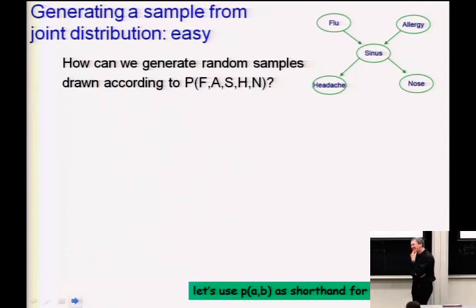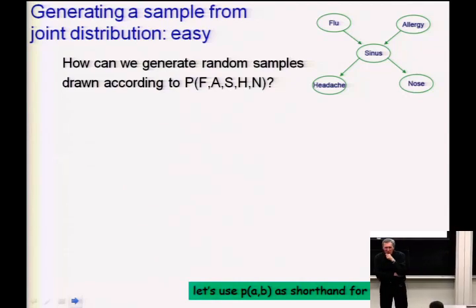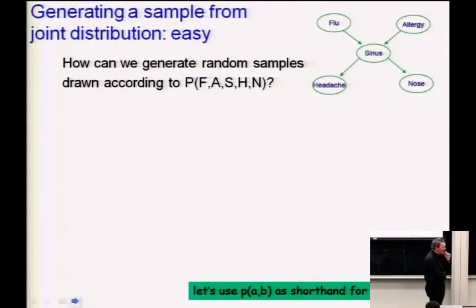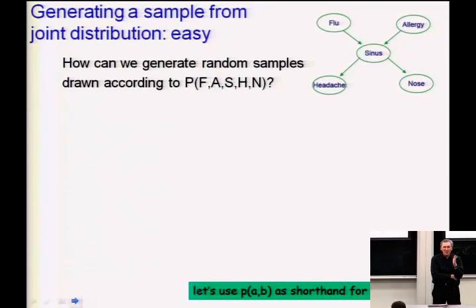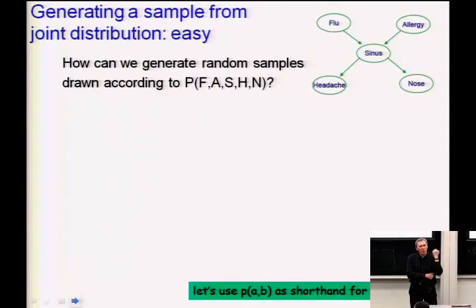In other words, if I don't want to go through all the arithmetic, why don't I just use the Bayes net to generate a random sample of values for all the variables, a random joint assignment according to the distribution.